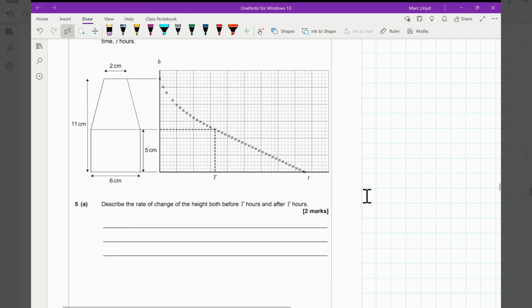So, before t, the height decreases at a variable rate. Oh, goodness me, a variable rate.